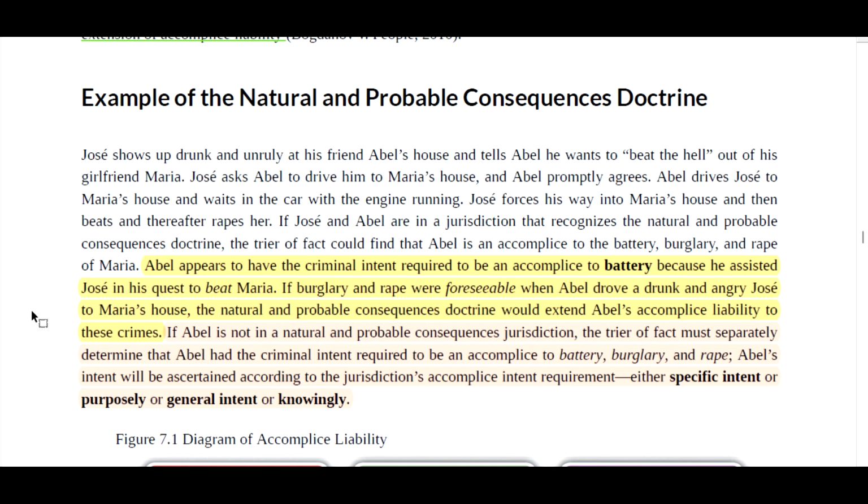Should Abel be legally responsible for all three charges? Should he be charged for all the same things as an accomplice as Jose? This is not he said, she said, this is facts. He said this, he did this. What is the right answer here?